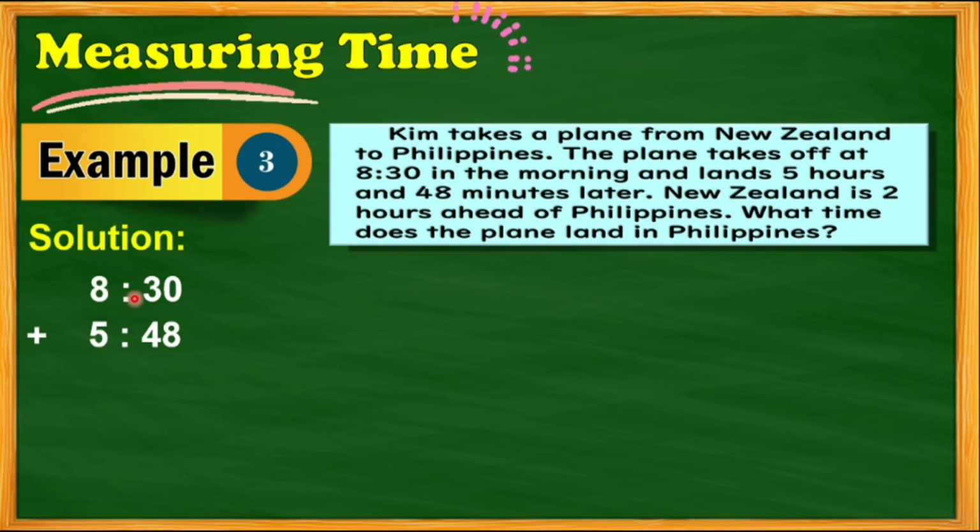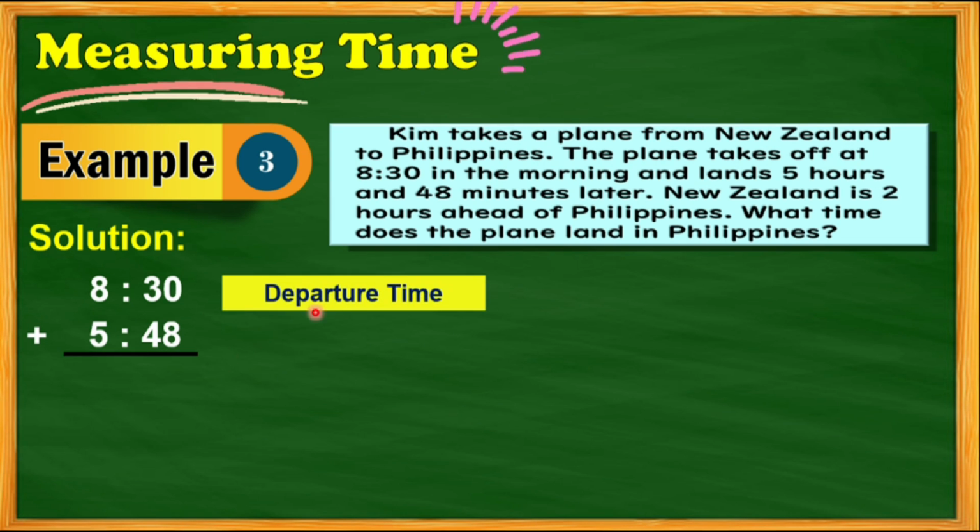So, 8:30 in the morning, the plane takes off in New Zealand. And the elapsed time is 5 hours and 48 minutes. Later, it landed in the Philippines.